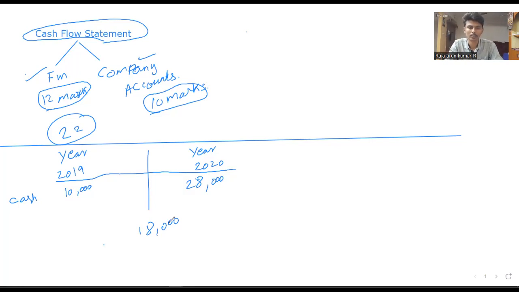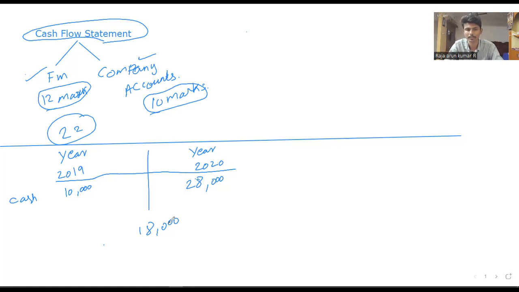In 2019 the cash balance was 10,000, and in 2020 it was 28,000. You simply say the difference of 18,000 is the income.